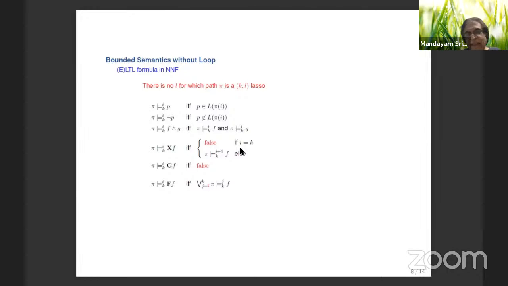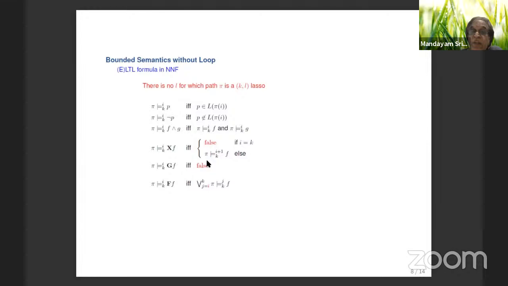If I is equal to K, since the prefix I'm looking at is only K long, that's what K boundedness means, I can't say anything about X of F. That's why I give it as false.